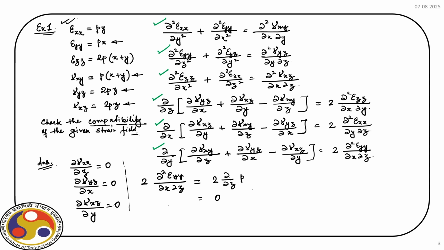So, that shows how we can check with the compatibility conditions whether it is satisfied or not. Let us take a similar example. Now, for this case, we have epsilon xx is equal to 5 plus x square plus y square plus x to the power 4 plus y to the power 4.